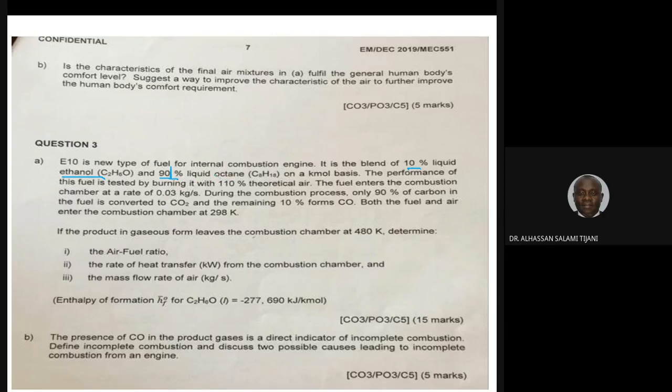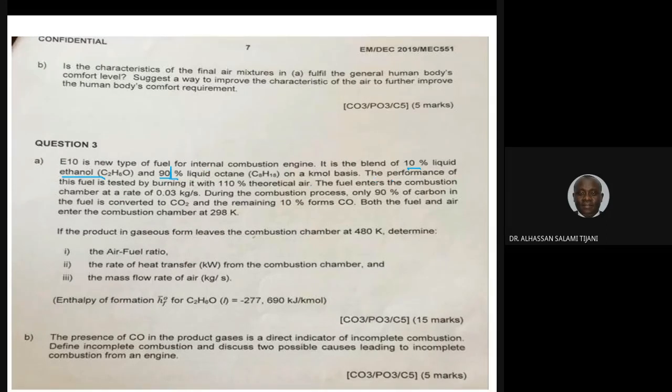Just like if you go to the Petronas station, they have RON 95, RON 90 or whatever it is, depending on the grade of the fuel you want to buy. So the fuel is blended with another type of chemical or another type of fuel.